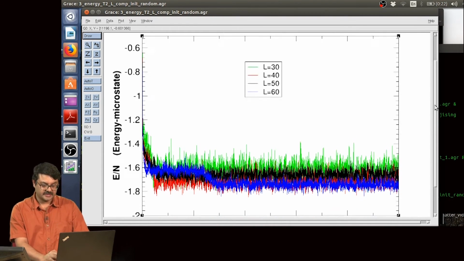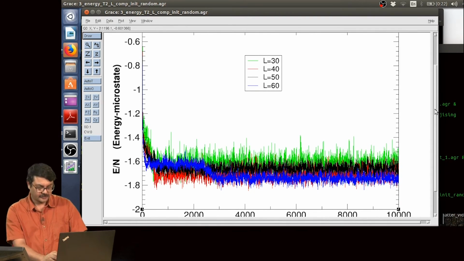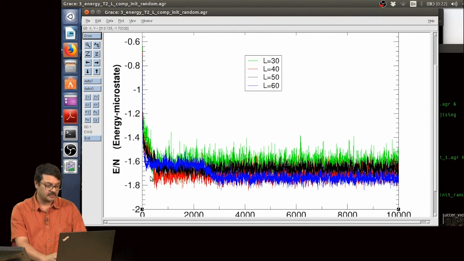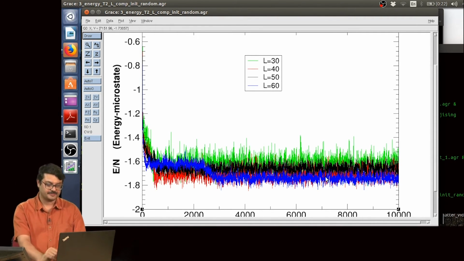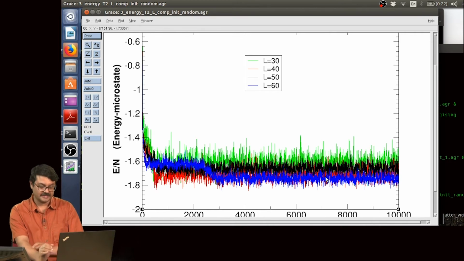So, you see first of all that the green data for L equal to 30, approximately are fluctuating about the same value. The energy is fluctuating around 1.6, and this blue one is slightly less, 1.7. The point is there is a slight shift in the energy.